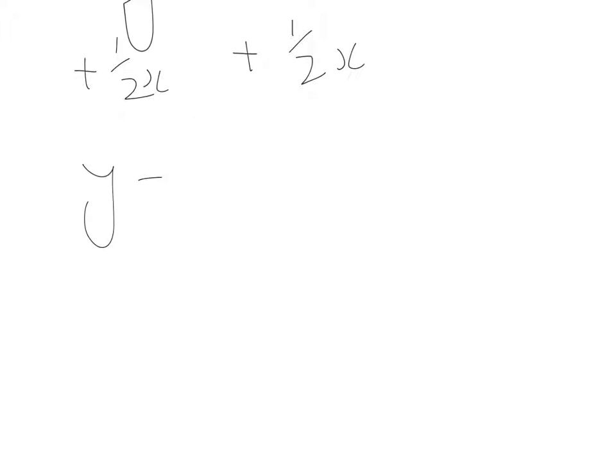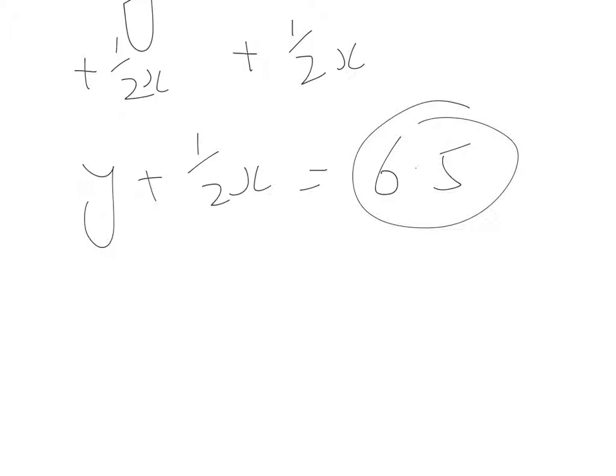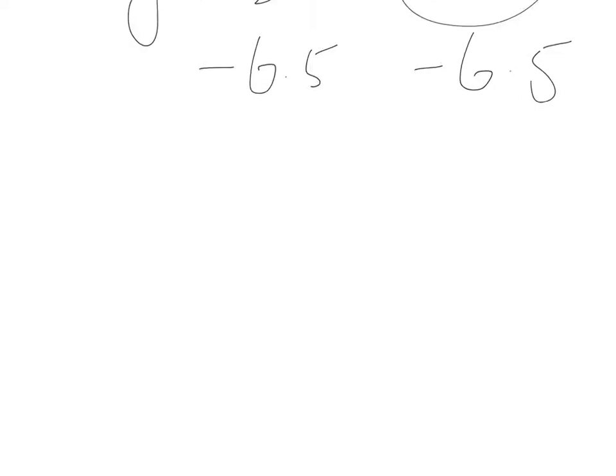So I'm going to get y plus a half of x equals 6.5. Now we see that I've got another problem, which is this value is on the wrong side. So I'm going to take it away and move it to the other side, again using inverse operations and the balance method.